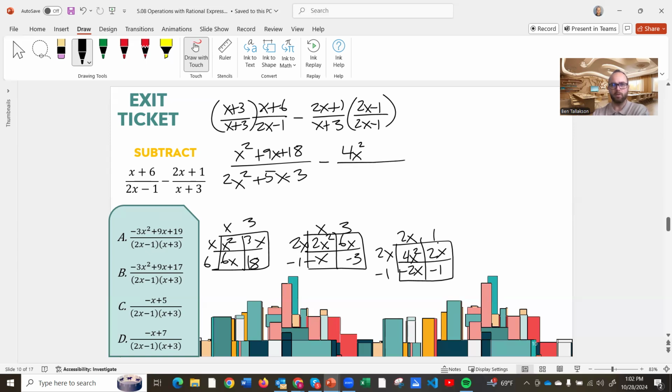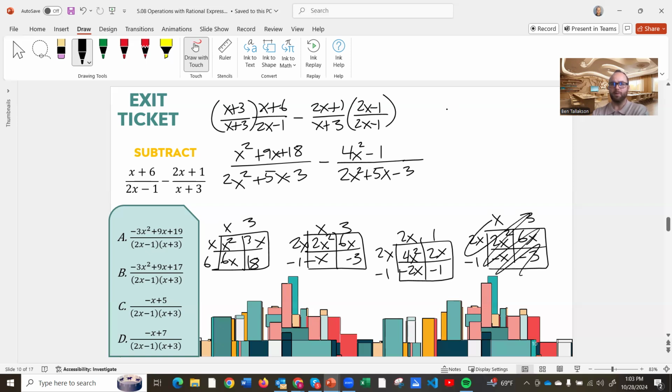Those middle terms are going to cancel out, minus 1. And then what else do we have? We have x plus 3, 2x minus 1. Here we go, 2x squared. Oh, actually, we didn't even need to do that because we knew we were going to get common denominators. So that one didn't need to be done.